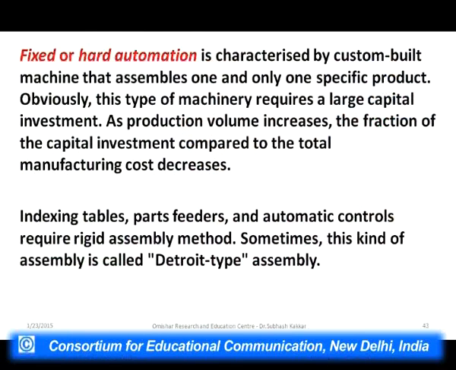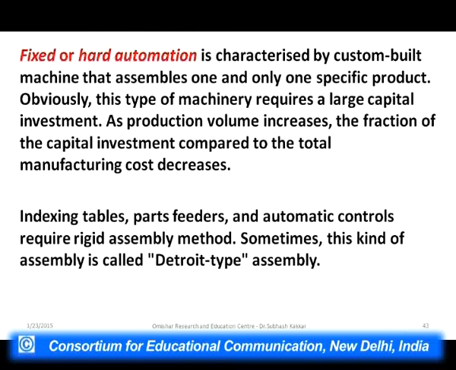Fixed or hard automation. Then we have automatic operations, and I am talking about fixed or hard automation, which is characterized by a custom built machine that assembles one and only one specific product.